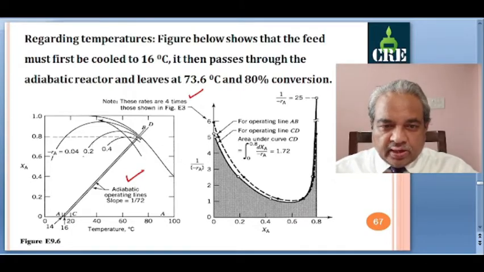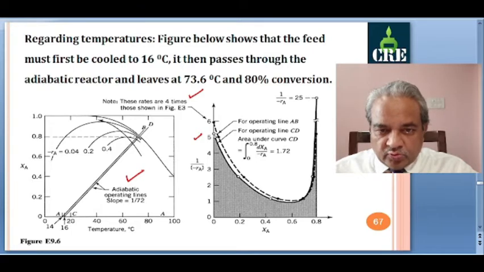Say if RA is equal to 0.2, so the corresponding value will be 1 by 0.2. Okay, and that is 5. 5 into 0.2 is 1.